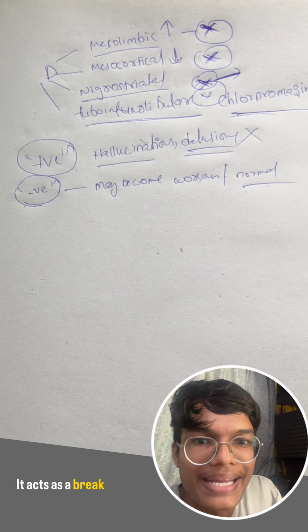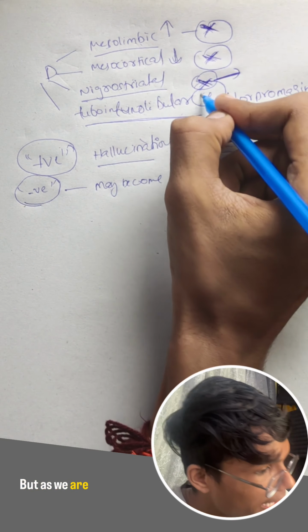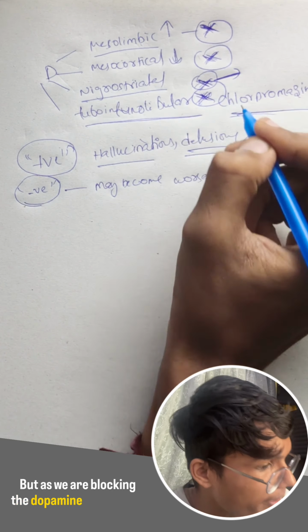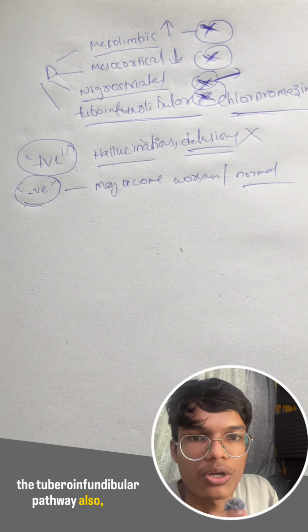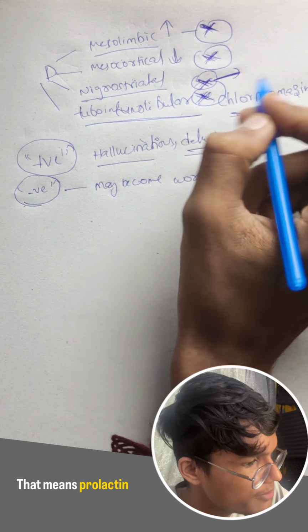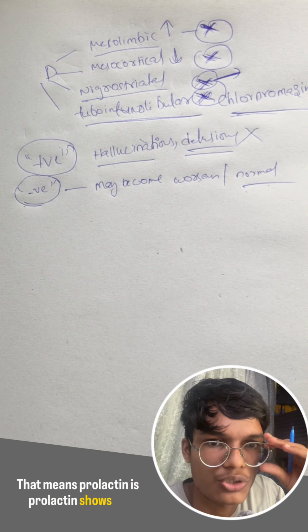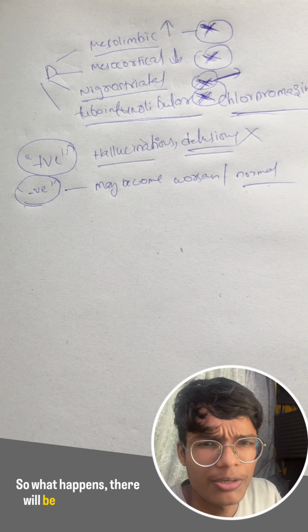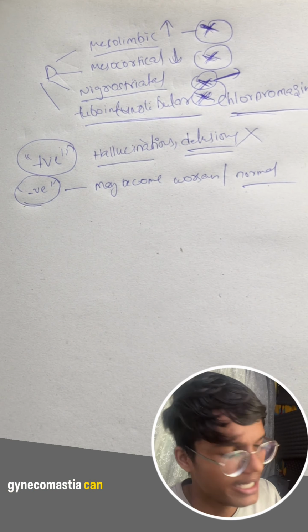It acts as a brake on prolactin. But as we are blocking the dopamine receptor in this pathway also, the prolactin brake is removed. That means prolactin shows its action more. So galactorrhea and gynecomastia can be seen.